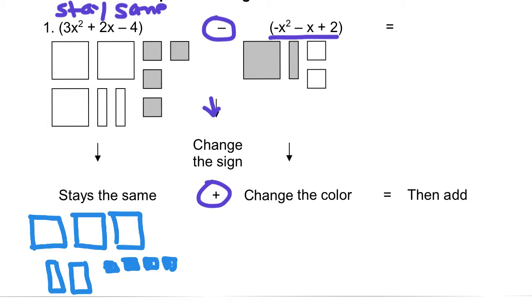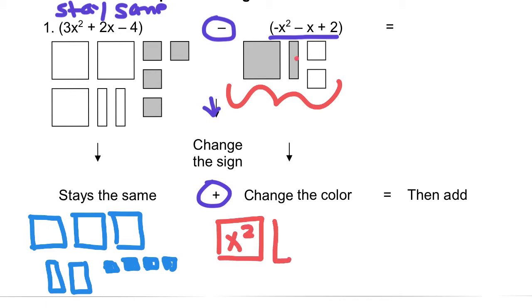However, for the second term, this is a negative x squared. We're going to change the color so it's a positive x squared. This is a negative x. We'll change it so that it's a positive x. It's the opposite. We have plus 2. We're going to change the color so that it's minus 2.